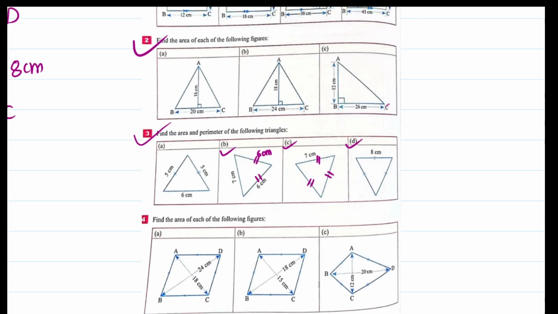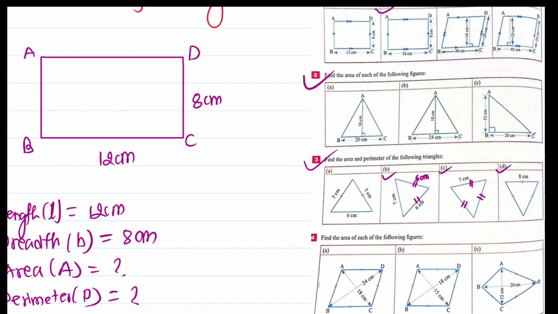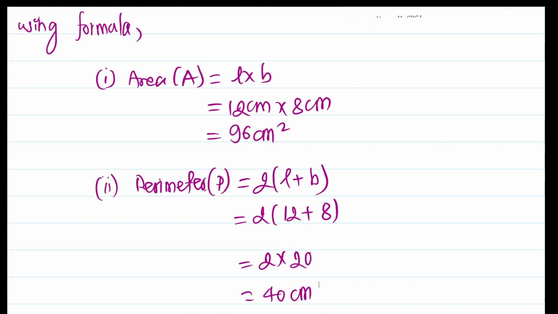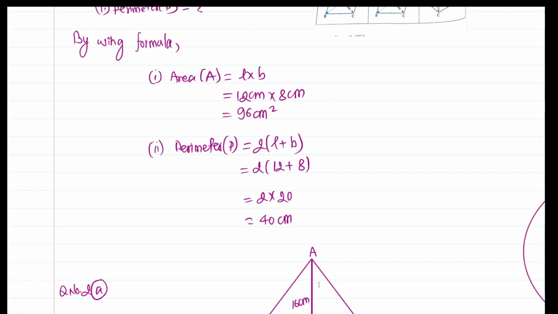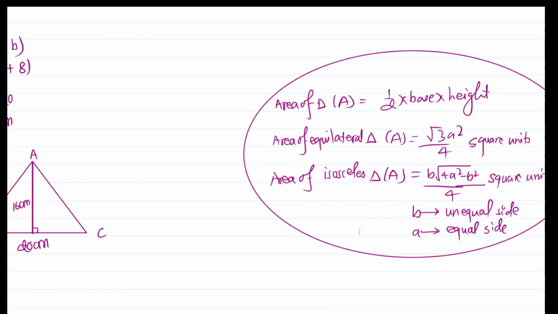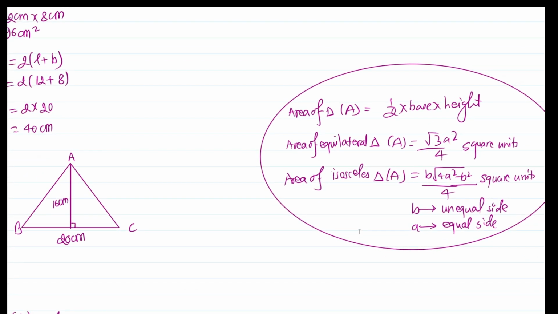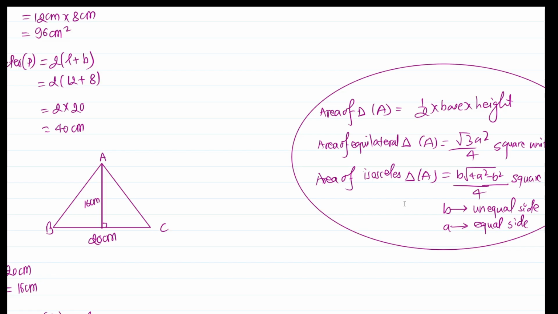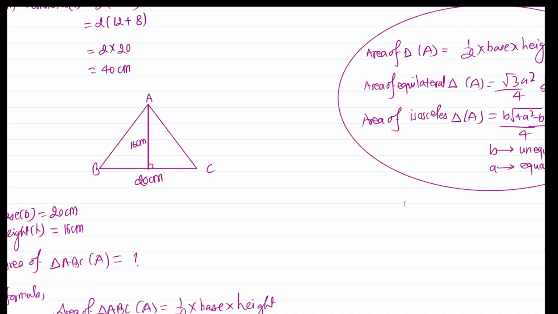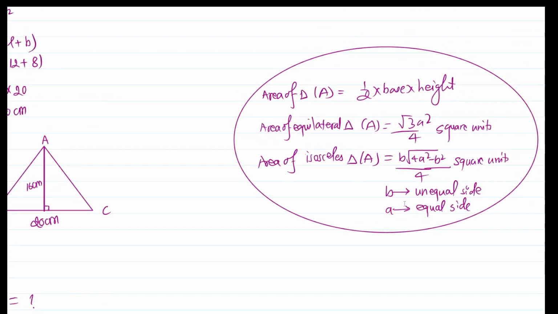Okay, do practice more questions from your textbooks by using this formula. You can evaluate any type of triangle. You have to remember this formula to evaluate the area of the given type of triangle. So remember these three formulas.